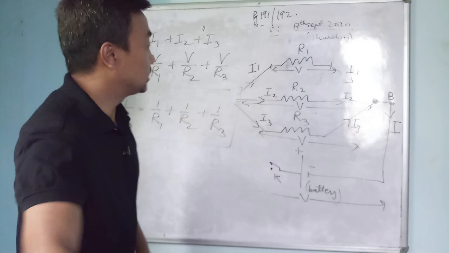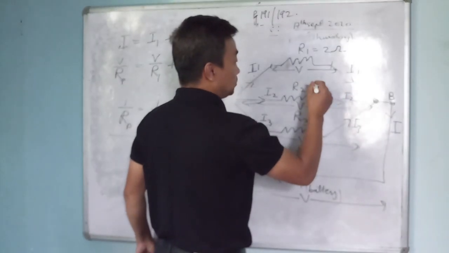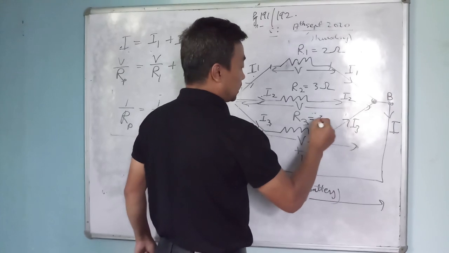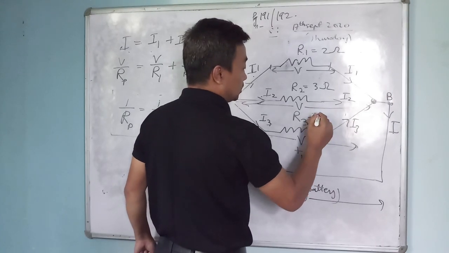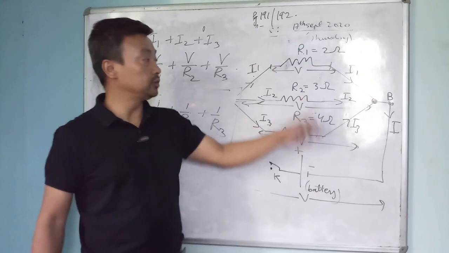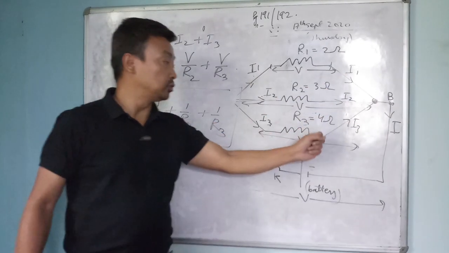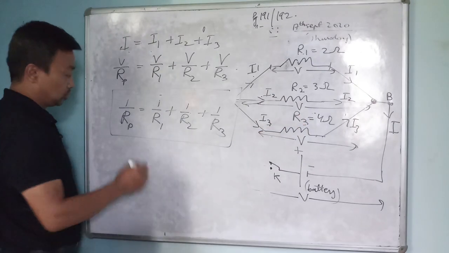Let us take an example. Suppose R1 is 2 ohm, R2 is 3 ohm, and R3 is 4 ohm. Suppose this is just a random value. Let us check this.